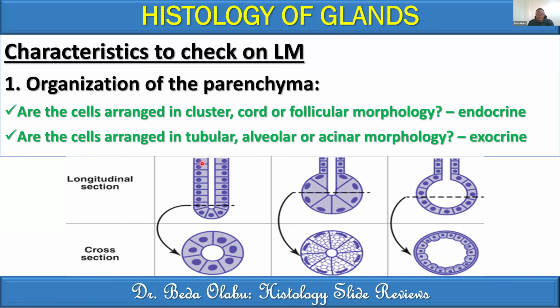So this is what you describe as a tubular arrangement. If this is the arrangement, histologically, when this is cut in cross-section, this is how it will appear. So when you see something like this, we know that these are tubular arrangements of exocrine glands. You may also have something that looks like this. This is the ductal portion, and this is the secretory portion. What do you notice?